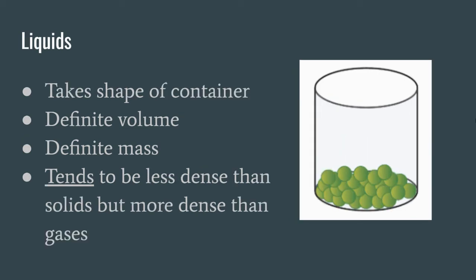Liquids do not maintain a definite shape, but instead they take the shape of their container. So if I have a square cup that I pour something into, and then I pour it into a circular cup, the liquid will take that shape, right? Liquids, however, do have a definite volume. If you measure the liquid in one container, you measure the liquid in another container, that volume will be the same. It also has a definite mass.